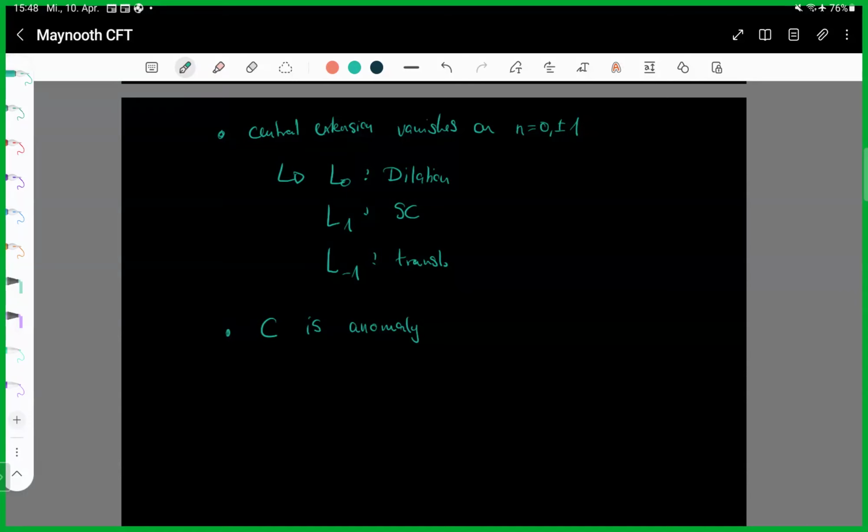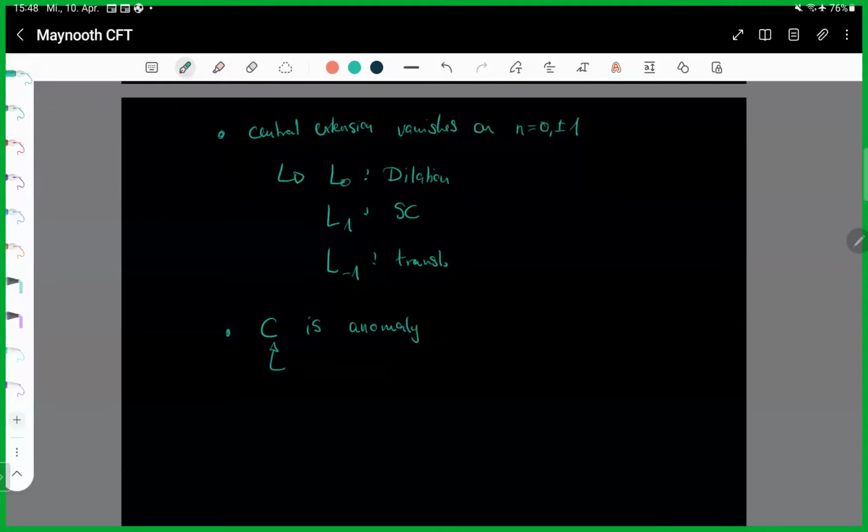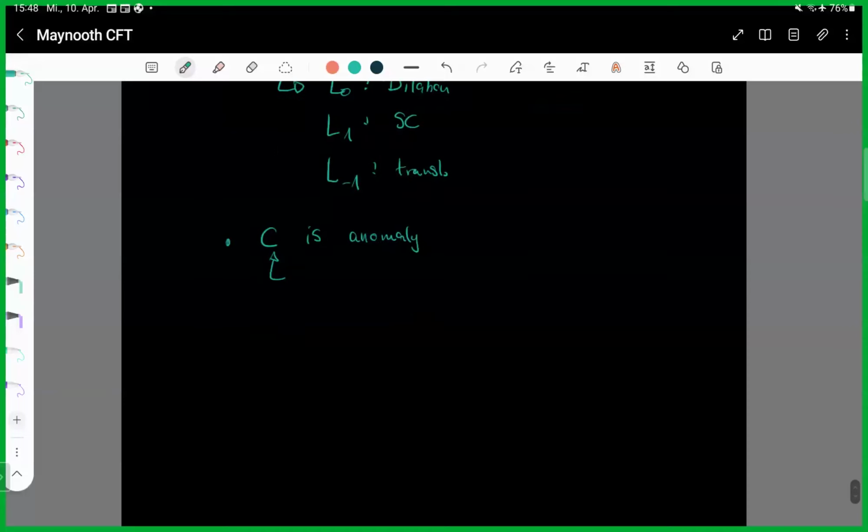So you would like to have absence of scales, but sometimes it turns out that you can study CFT in presence of temperature, which is a scale, or in presence of a finite extent system, which also gives you a scale. And in that case, the CFT will respond by taking out the central charge. So those are just a bunch of words which are summarized in the notes, but they're not super important for what's going to follow.